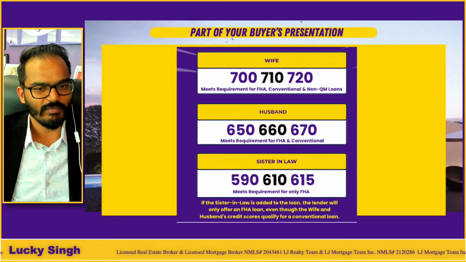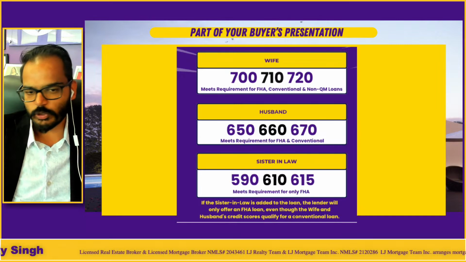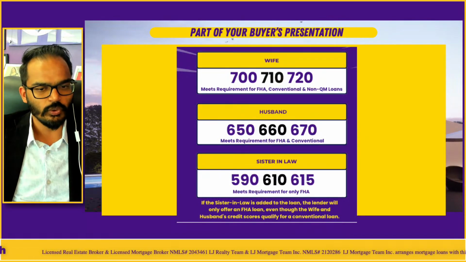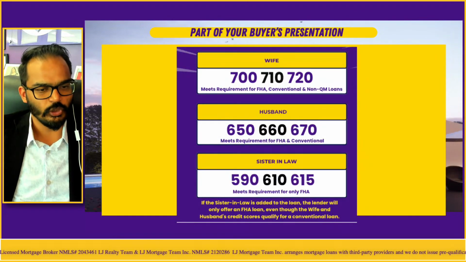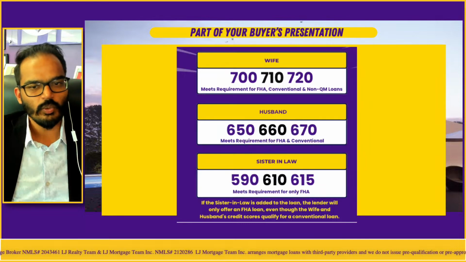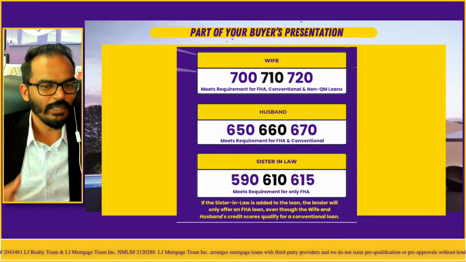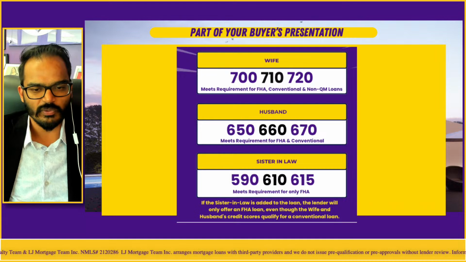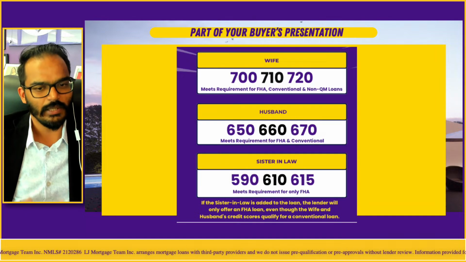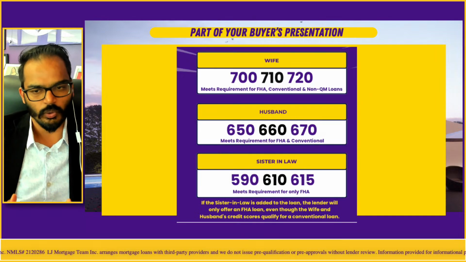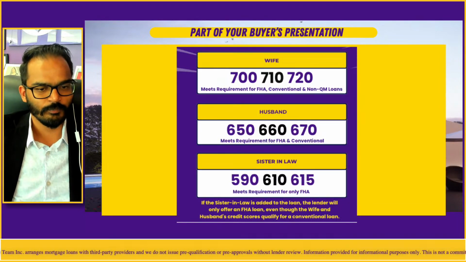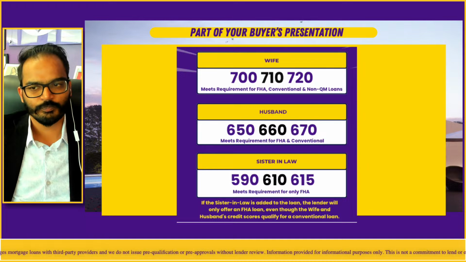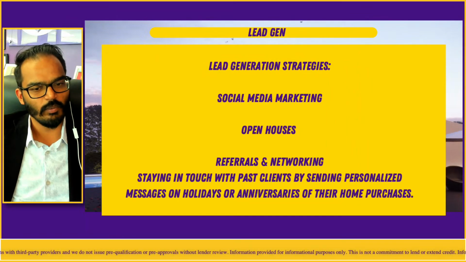If they add another family member, say a sister-in-law whose credit score is below 620, guess what? They only have a loan option of FHA. When you give them this detail and they go speak to a loan officer and the loan officer says the same exact thing, that is putting a lot of weight on your knowledge because you're giving them everything up front. So little things like that will help a lot.